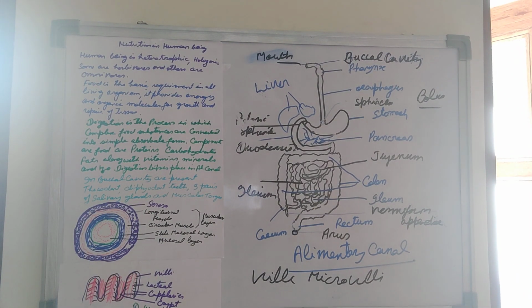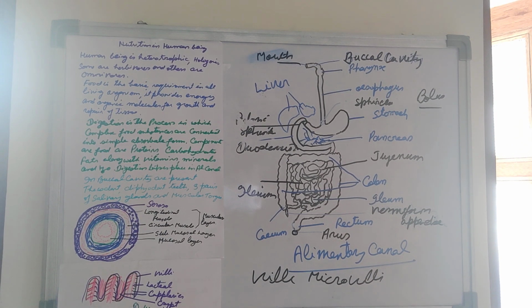Stomach leads into the small intestine, and small intestine into the large intestine. The large intestine opens outside through the posterior pore called the anus. These are the organs participating in digestion of food in human beings. Components of food are broken down into simpler substances and then absorbed by the alimentary canal.